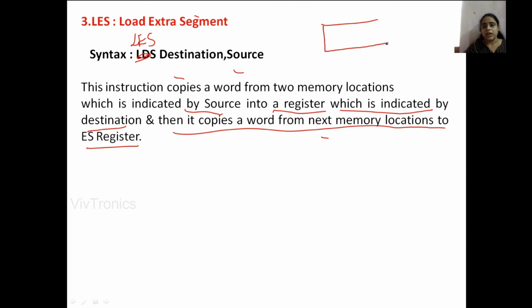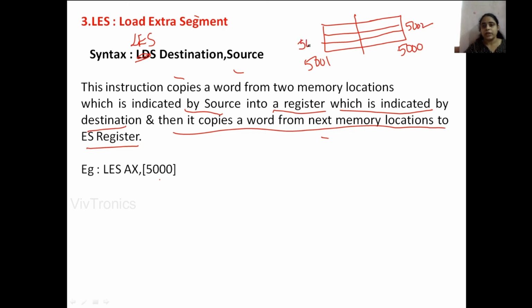So as I have told you, the same as LDS follows here also. You can see here LES AX comma 5000. Let us take this as 5000, this is 5001, 5002 memory location, 5003 memory location. So the data is 1122 AB CD.